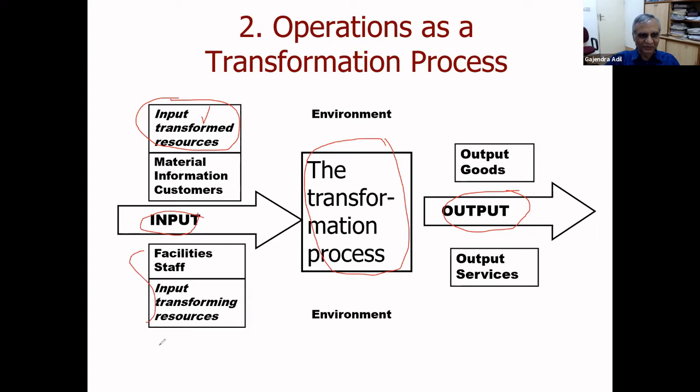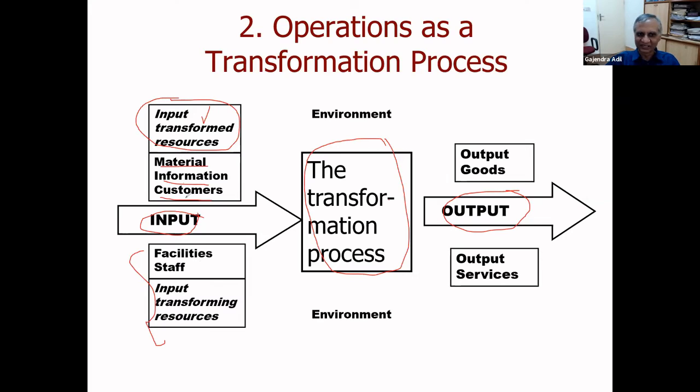Some are transforming resources which will not change in the process, at least they're not intended to be changed. So in this case, it was the computer and the person who updated. Right? So there are two. We just divide everything into two types of input. Transformed resources typically are material type, information type, and customer. Now, customer here is a person. So we treat that as a person.